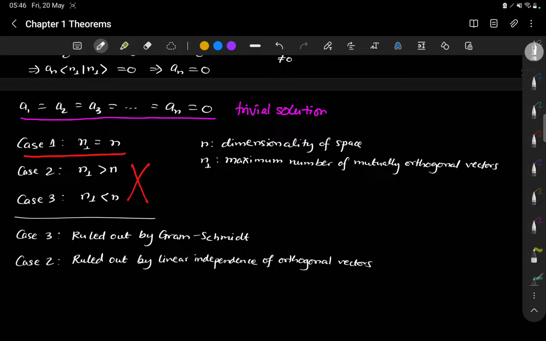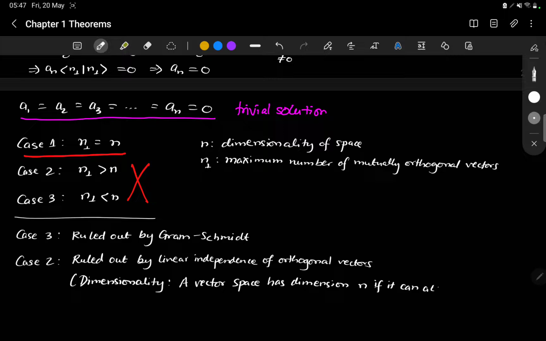Because the definition of dimensionality says that a vector space has a dimensionality of n if it can accommodate a maximum of n linearly independent vectors.